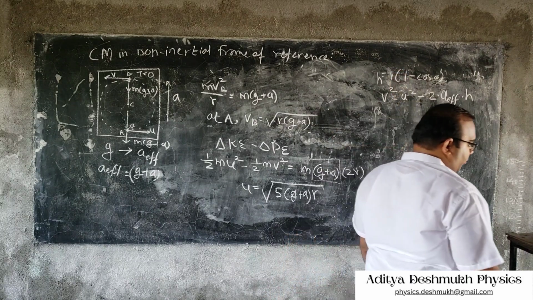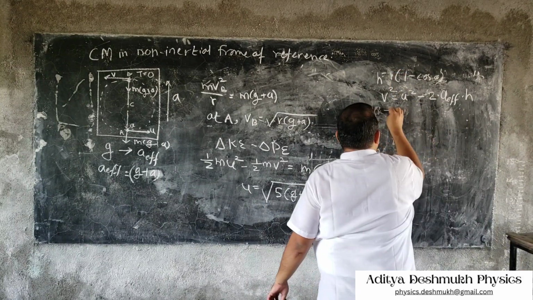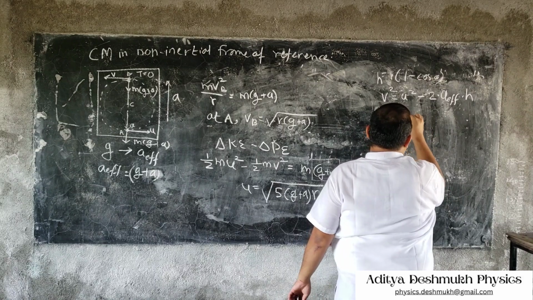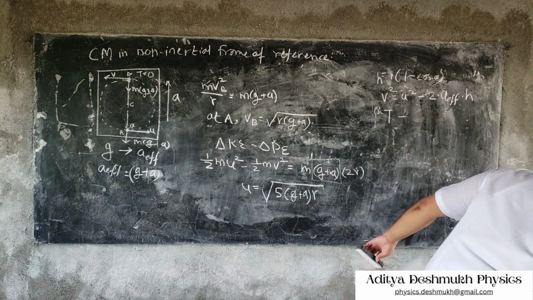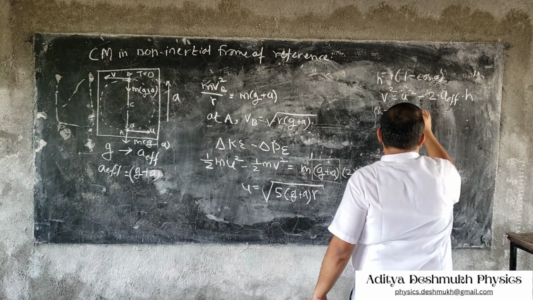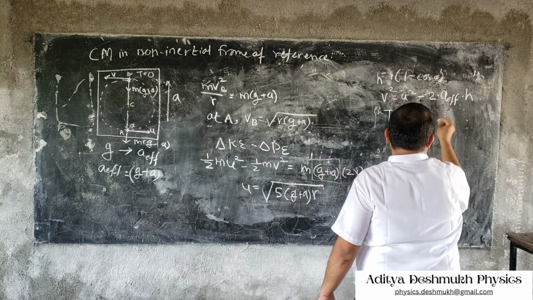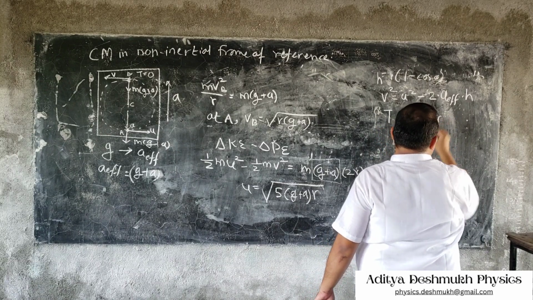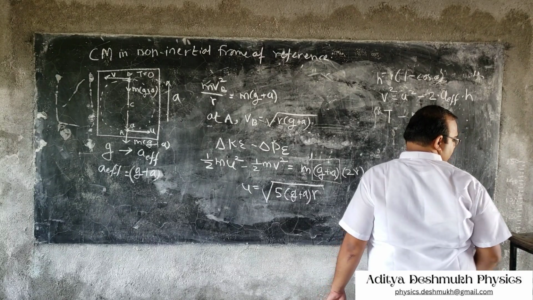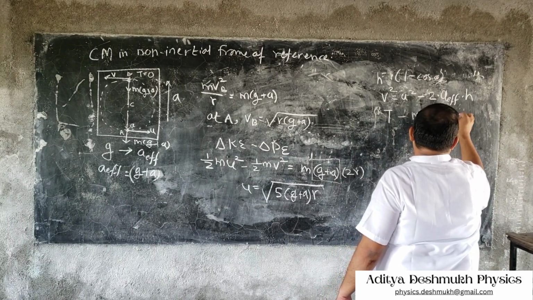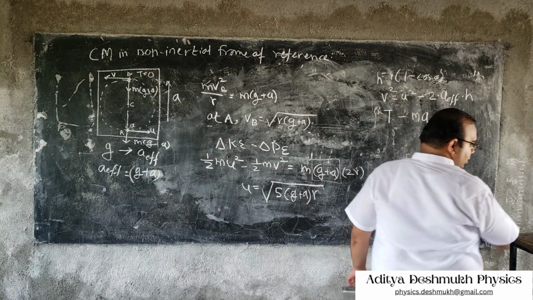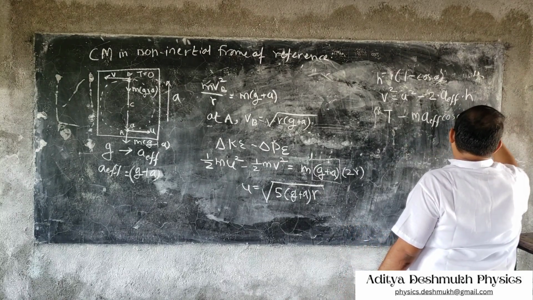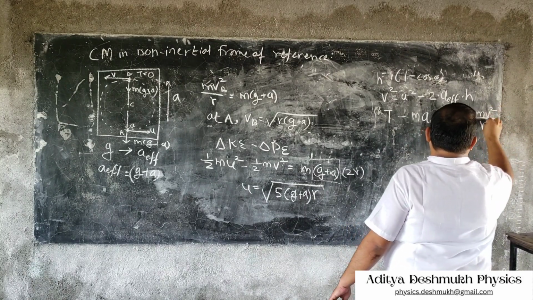What will be the force balance equation? T minus m a effective into cos theta is equal to mv square upon r.